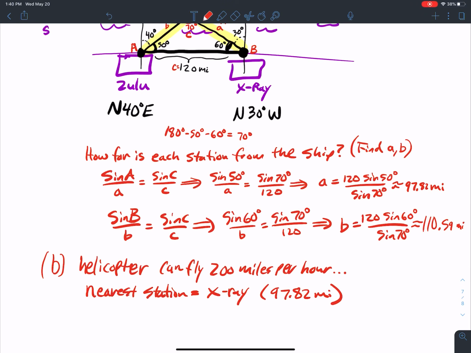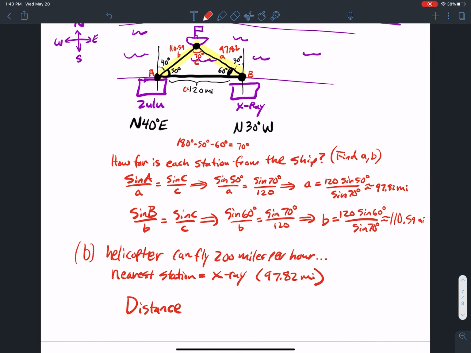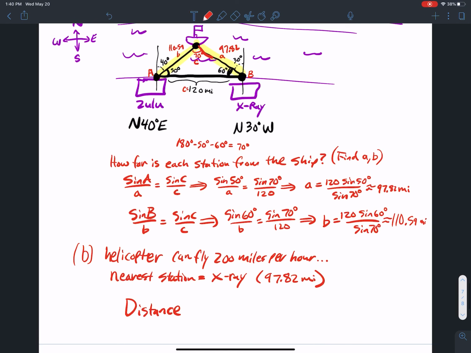How long will it take to reach? Well, the time t needed for the helicopter to reach the ship from the station X-ray is found by distance, which in our case is this distance right here, which is a, and that is equal to the rate times the time.